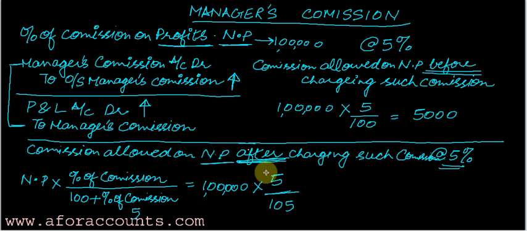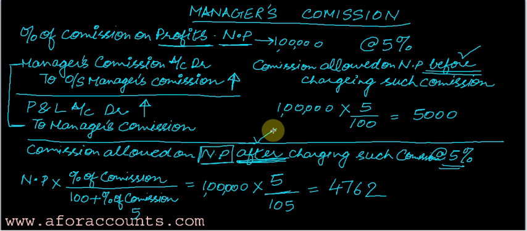When it has to be after, you have to adjust this because you have already arrived at a net profit without doing any adjustment for manager's commission. So the commission will be lower than 5,000, and if I do it after, it will be around 4762. So read the question carefully, whether it is asking before charging such commission or after charging such commission. It will totally change your answers.